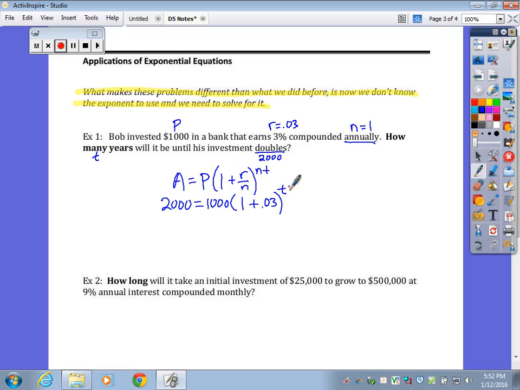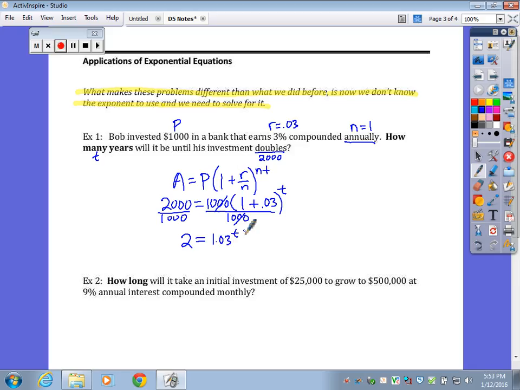So I need to isolate the exponential, which means this 1,000 right now is being multiplied, so I need to divide by that on both sides. So I have 2 equals, then in the parentheses I have a 1 plus a 0.03. That's 1.03.